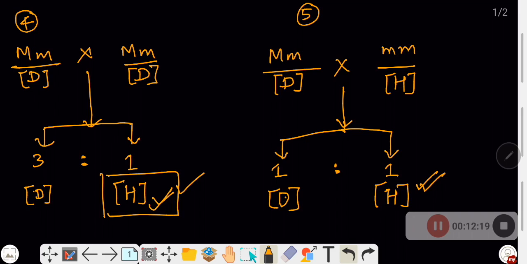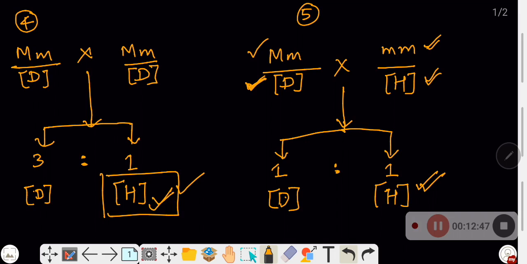So when both the parents are diseased but heterozygous, then they can produce a healthy progeny. Or one parent is heterozygous and diseased, and the other parent is healthy and homozygous recessive. Only in these two conditions can they produce a healthy progeny.